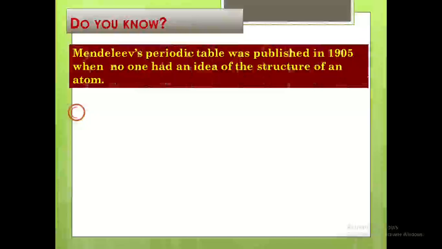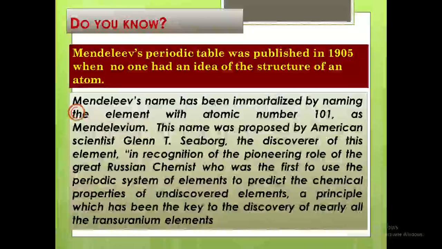Do you know that when Mendeleev published his periodic table, no one knew the structure of an atom? Isn't that interesting? Classifying something without even understanding the structure shows the significance of Mendeleev's discovery at that point.